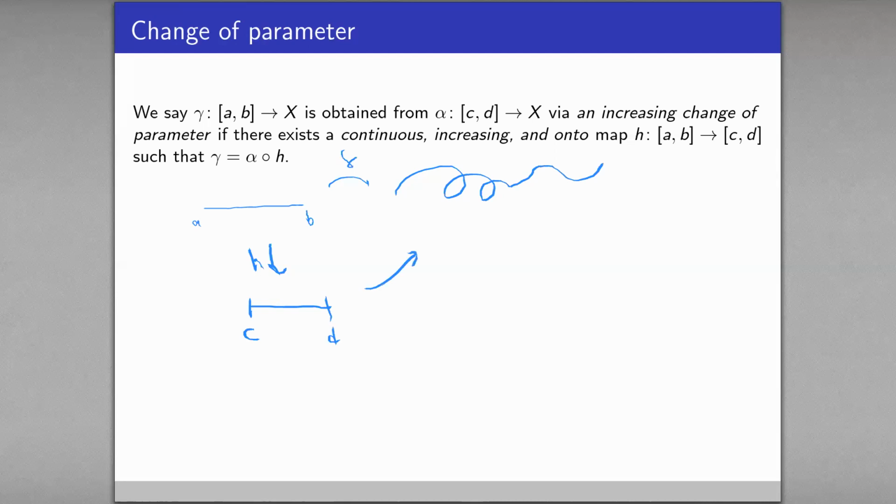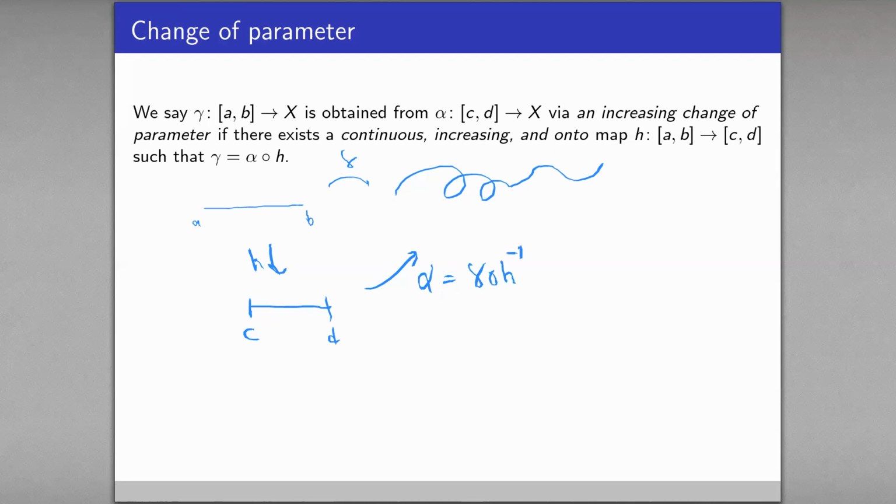Then this curve alpha, if you have gamma, because h is bijective, it has an inverse, so I can do this h inverse.